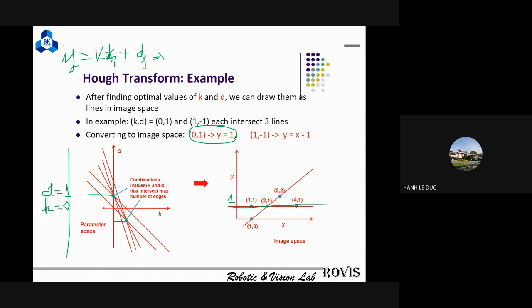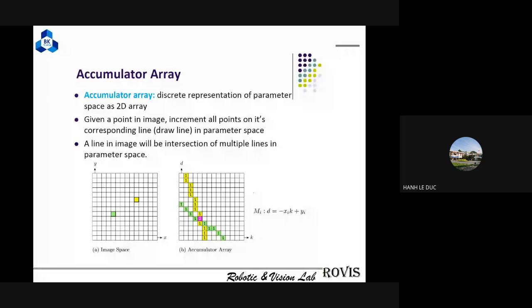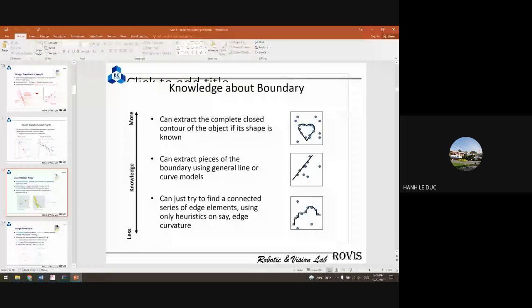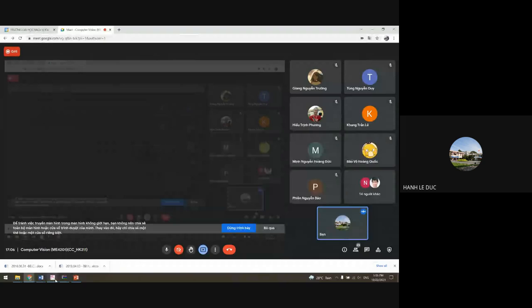Here, k equal to what is it? Okay. So let's go on.